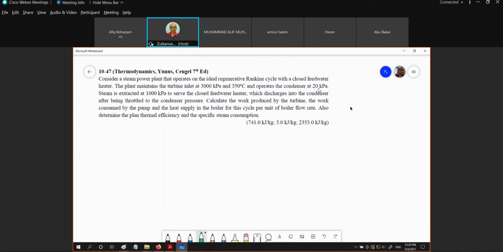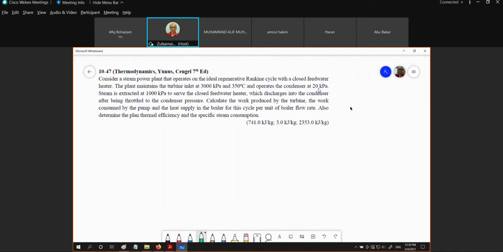Steam is extracted or bled at 1000 kPa to serve the closed feed water heater, which discharges into the condenser after being throttled to the condenser pressure. Calculate the work produced by the turbine, the work consumed by the pump, and the heat supply in the boiler for this cycle per unit of boiler flow rate.